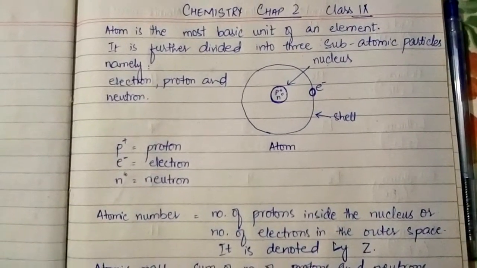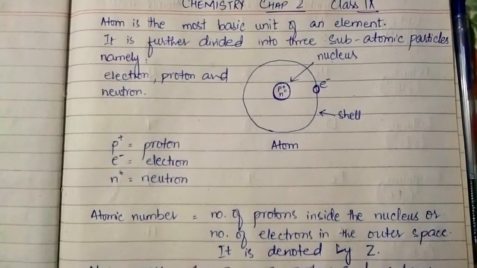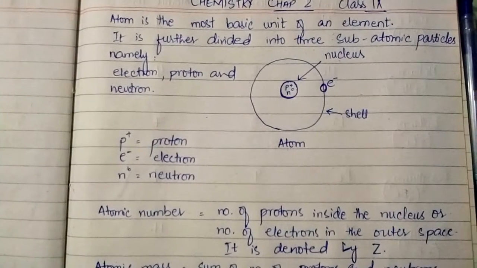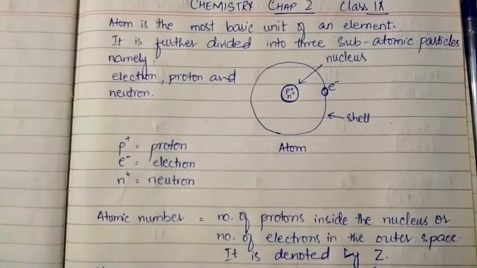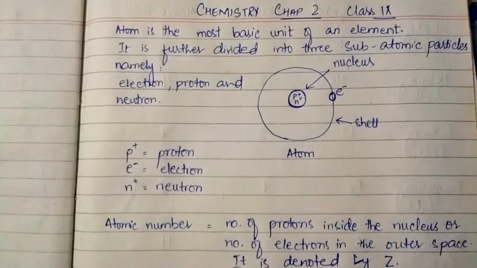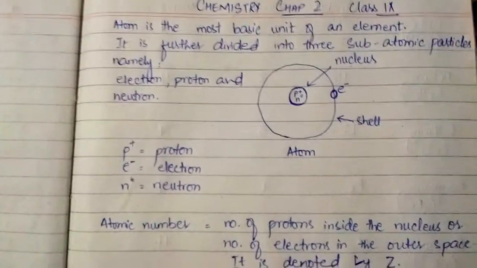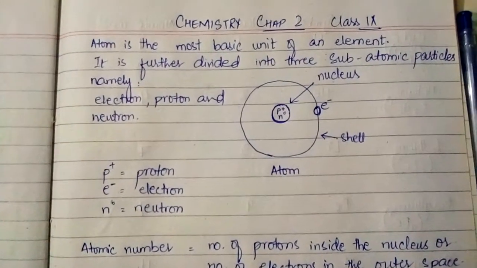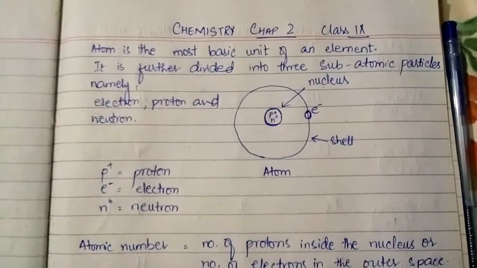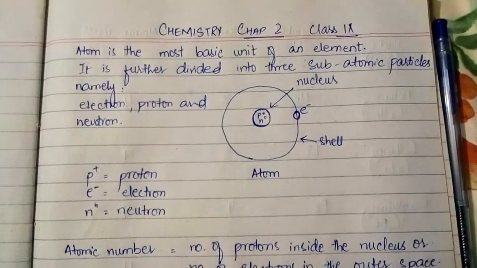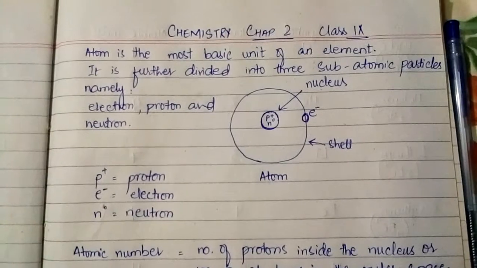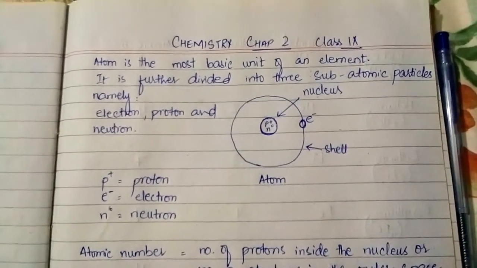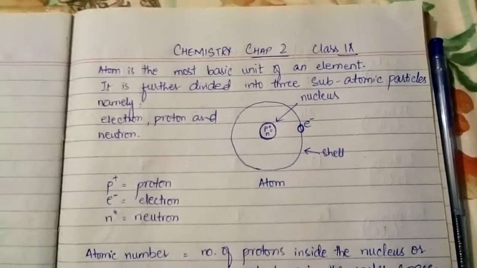The central part is called the nucleus, while the rest of the space is called the extranuclear space, जिसको हमने बेसिकली यहाँ पे शेल से कंसिडर किया हुआ है. यहाँ पे एक बहुत ही बेसिक एटम दिखाया हुआ है, which could be a hydrogen atom, जिसमें सिर्फ एक शेल होता है क्योंकि उसमें एक ही इलेक्ट्रॉन होता है. But as we further progress, the number of shells also increases, right. We'll talk about this further in another lecture, but for the purpose of this lecture let us just consider this simple diagram and the simple structure of an atom, right.